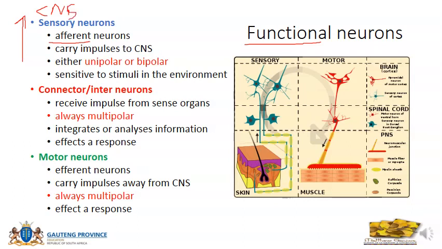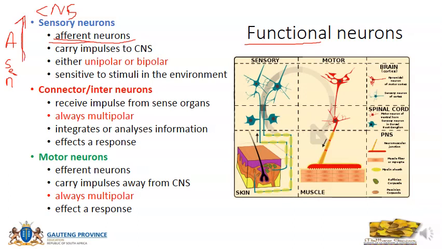It means our sensory neuron is just there at the afferent root. That's why it's also called afferent neuron. So they carry impulses towards the central nervous system.